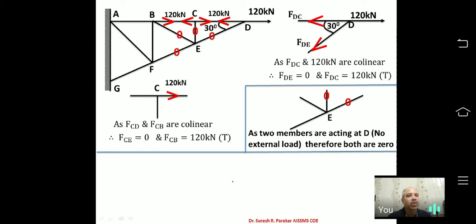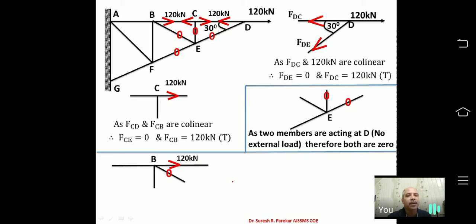Now we will switch over to joint B, where we have four forces, but two are known, so only one remains unknown. Force in member BE is 0 and BC is 120 kilonewton.